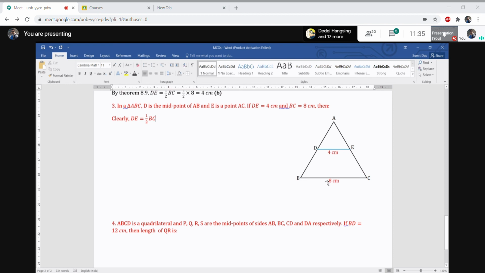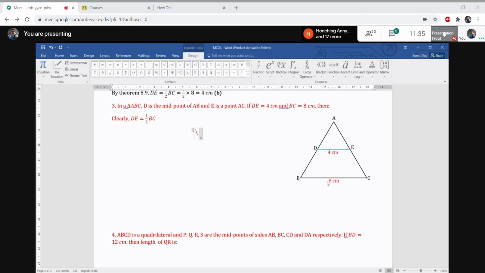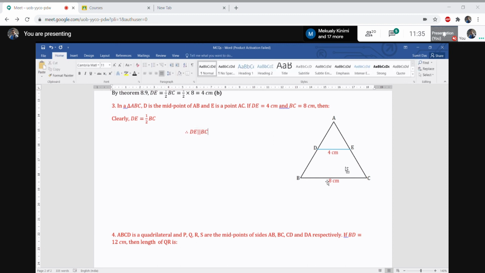So therefore we can say DE is parallel to BC by theorem 8.10.